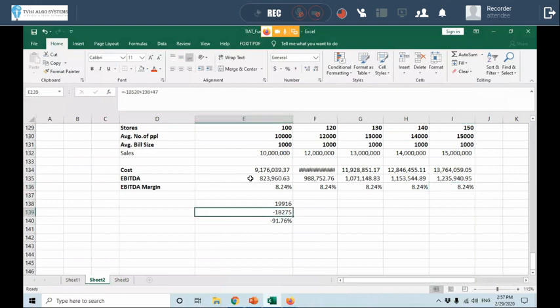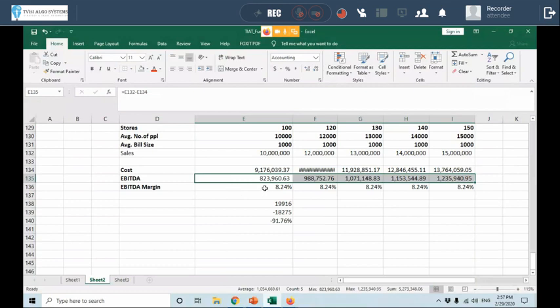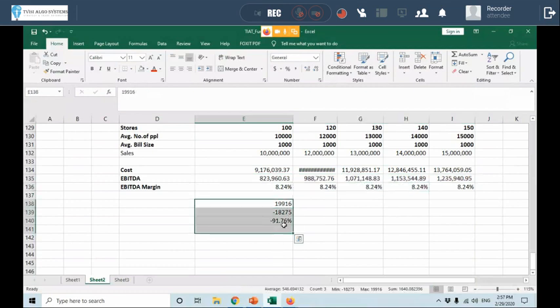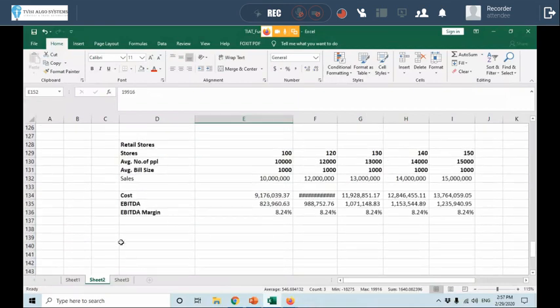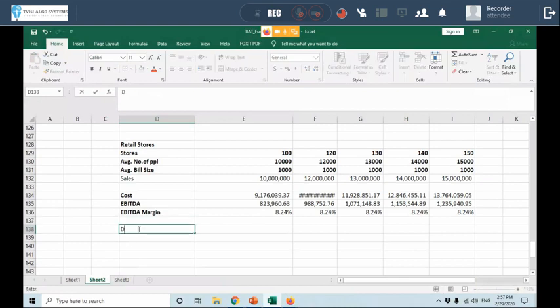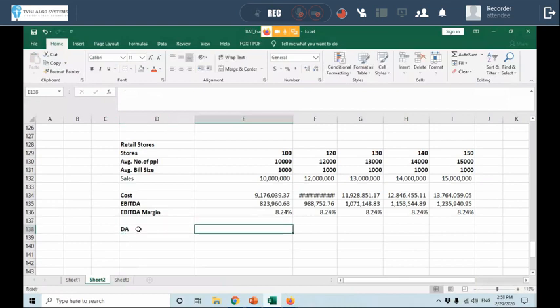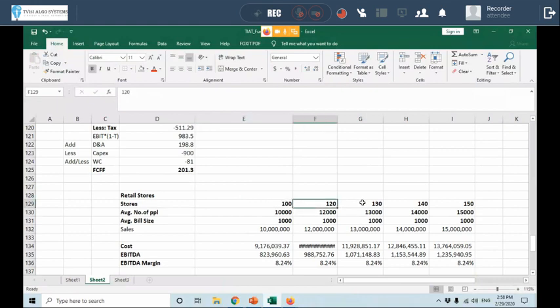Accordingly your EBITDA will change, your margins will change. Now what is there? Depreciation and amortization. Obviously I am increasing my stores every year.